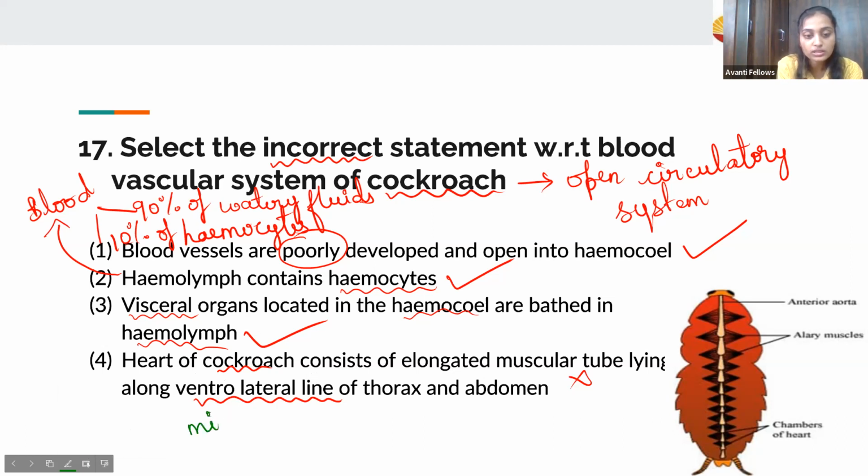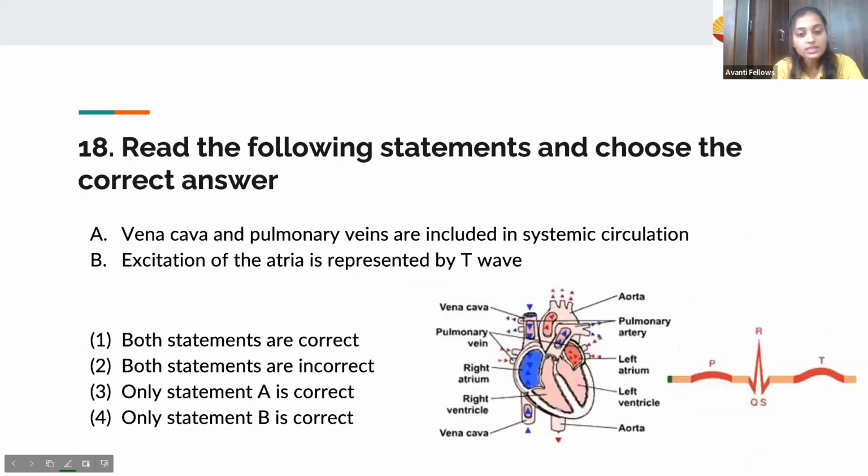It is not ventrolateral, it is the mid dorsal line. Here you can see the chambers of the heart present in the mid dorsal line of the thorax and the abdomen. So the incorrect statement is option number 4. Let's see the next question.